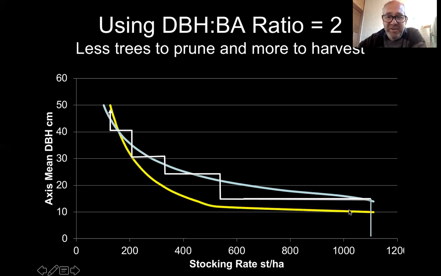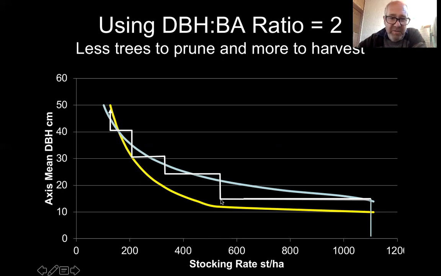I would prefer to go here and actually have fewer trees when they're young, and that means you can get this faster growth but still have enough to choose from. Fewer trees means less pruning work, so we can reduce the pruning costs. For example, here at this size of 15 centimetres, I'm suggesting you come down and have fewer trees.